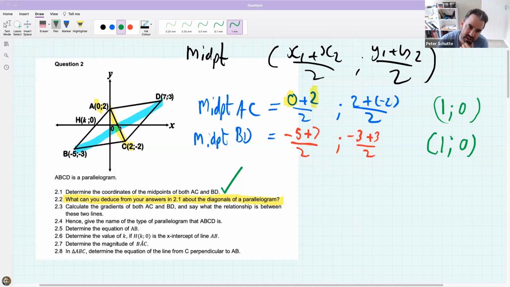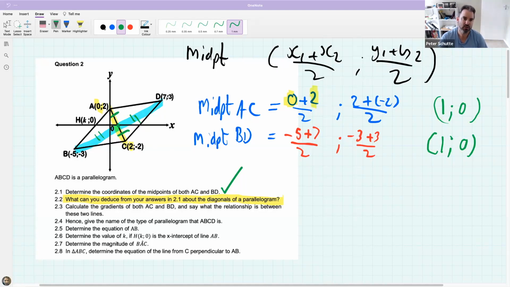Sometimes, if you know that this is the middle of this one and it's the middle of this one, often your teacher will do something like this. It looks like a confused cat, but what does it mean? What do those lines mean about the diagonals? Remember, this point over here is where the two diagonals meet, and it's the midpoint of both of these.